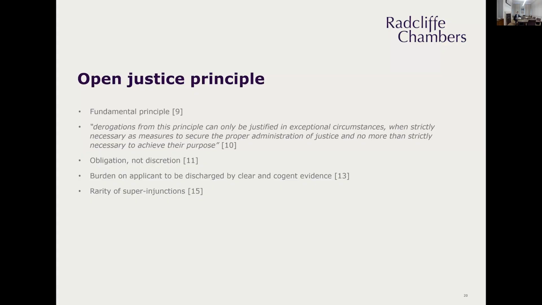That's paragraph 13. And paragraph 15 talks about the rarity of superinjunctions. So in the media context, a superinjunction is considered to be rare and exceptional. A superinjunction prevents the disclosure of the fact of the proceedings and the order. But of course, in the commercial context, that tends to be precisely what you want to prohibit disclosure of.